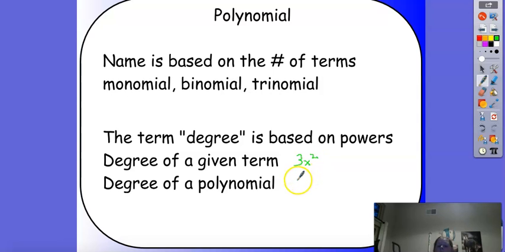But if I have the degree of a polynomial, let's put a couple of terms in there: 3 plus 2x squared. The degree of the polynomial, I'm going to take the highest degree, which would be 3.